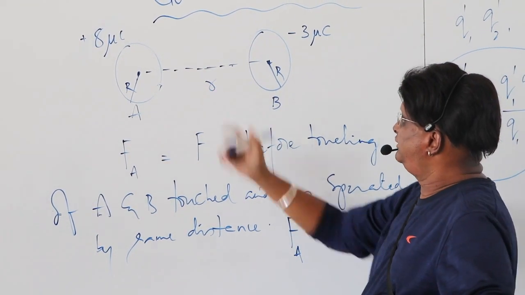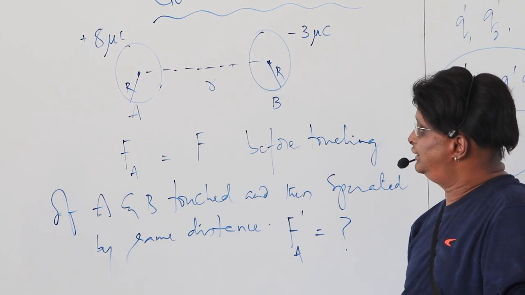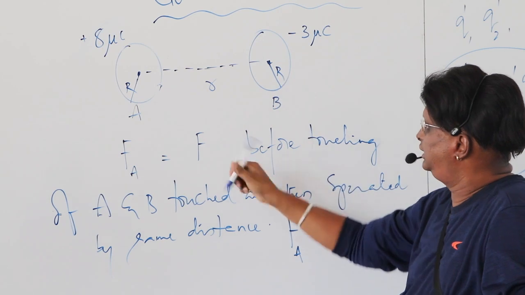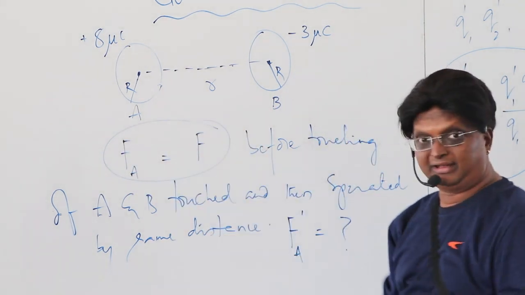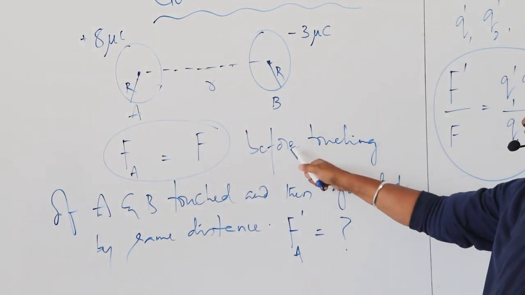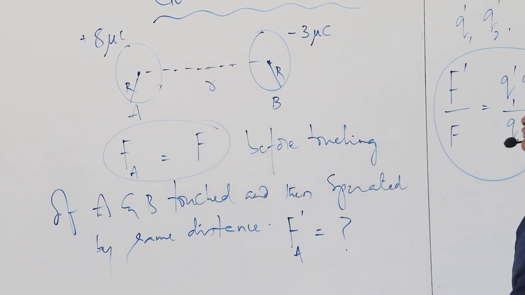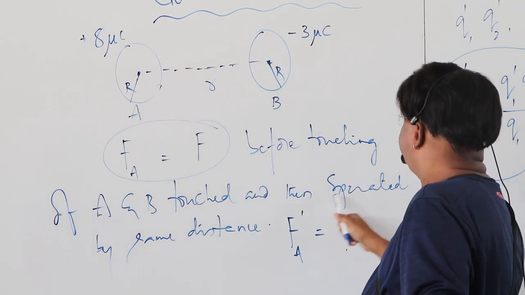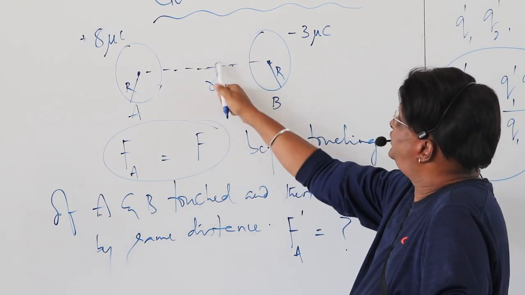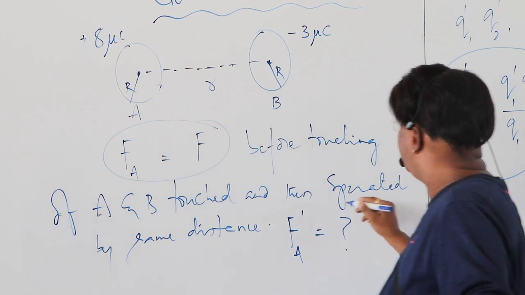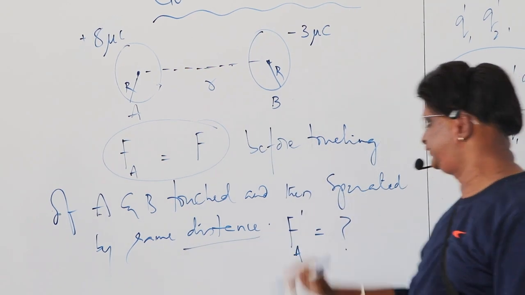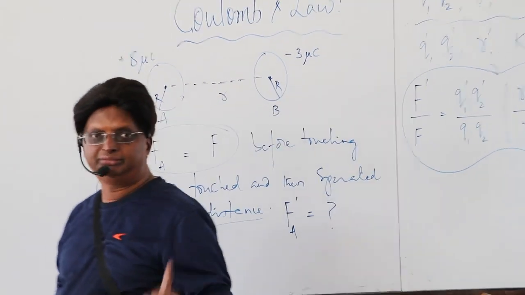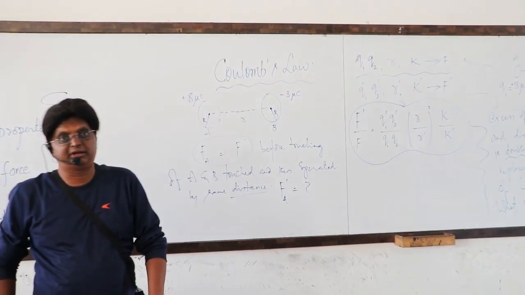Separation between them is R, and the data says the force on A, same as of course the force on B, this magnitude is F, and this is all before touching. Now he says A and B, both the conducting spheres, are touched with each other and then separated by the same distance. What will be the new force experienced by any of the conductors, either A or B?